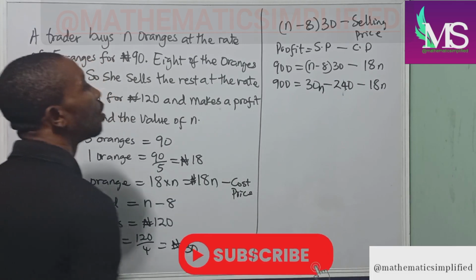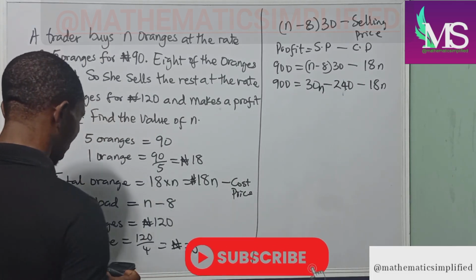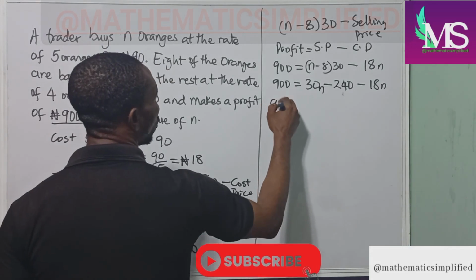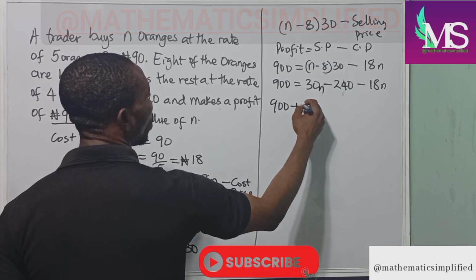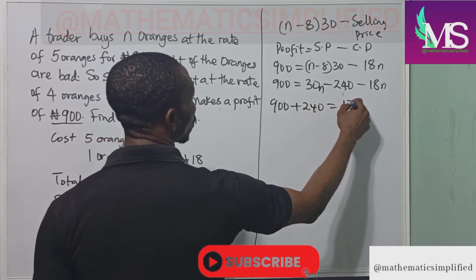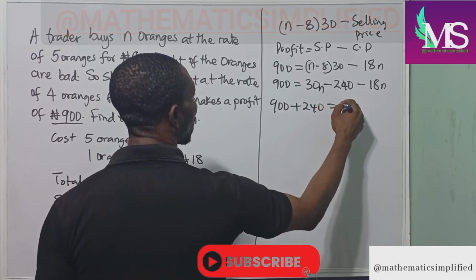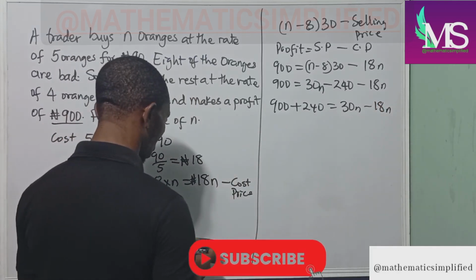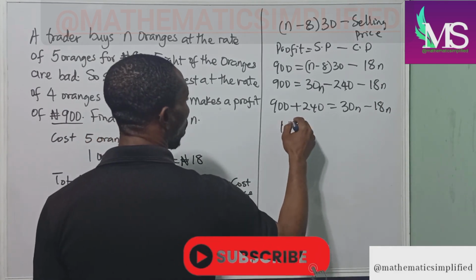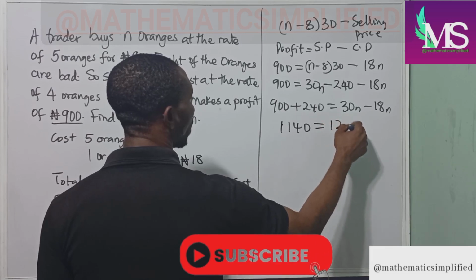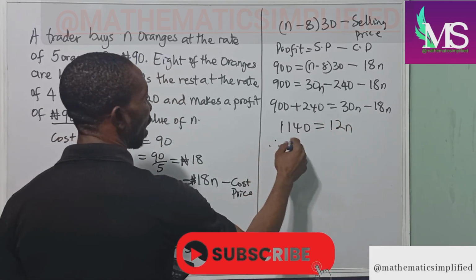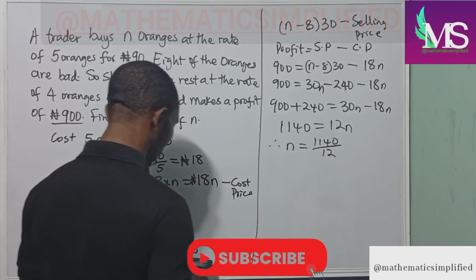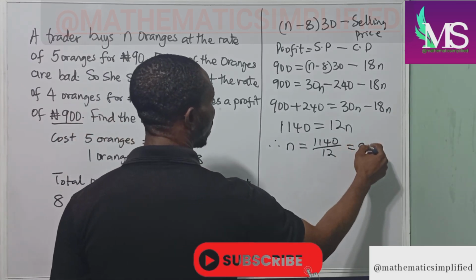Let's do it step by step. 30n minus 18n gives 12n. So 900 plus 240 gives us 1140 equals 12n. So therefore, n equals 1140 divided by 12, which will give us 95.